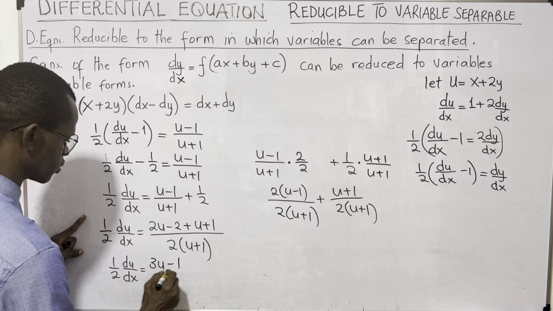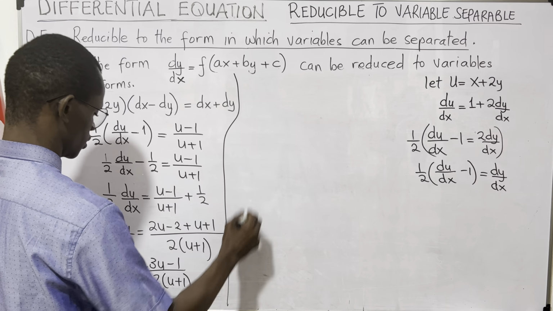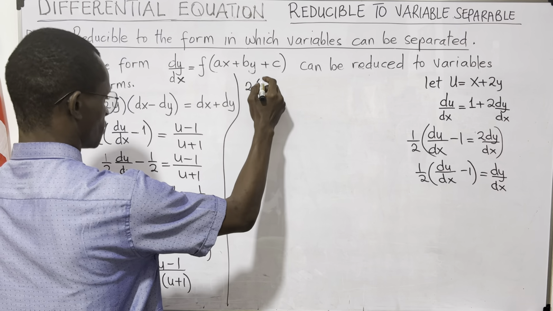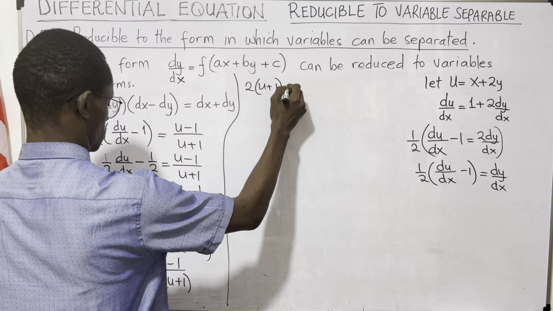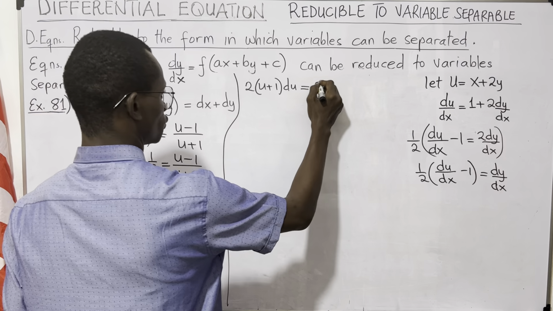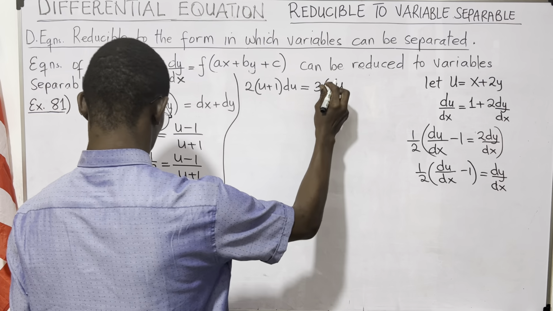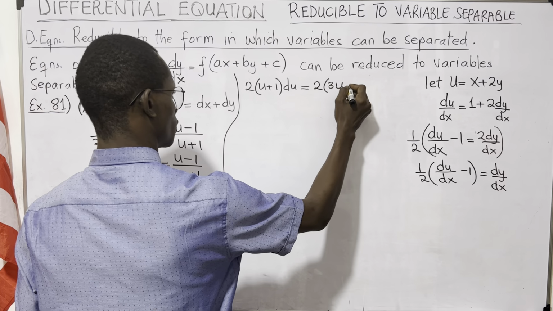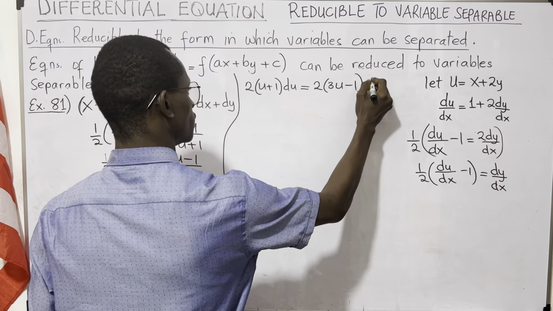Let's get rid of this. So we can now cross multiply. What do we have? We have 1 du times this. So this gives us 2 times u plus 1 du equals 2 times 3u minus 1 dx.